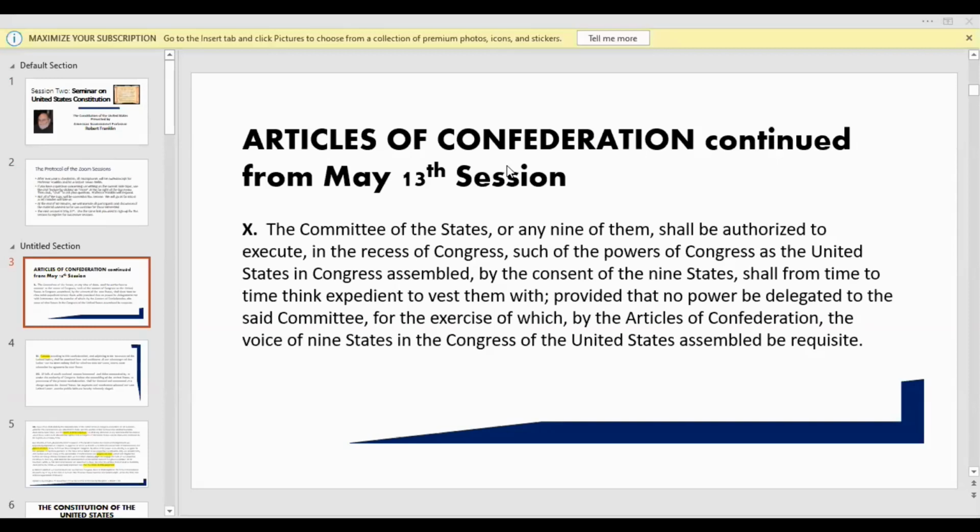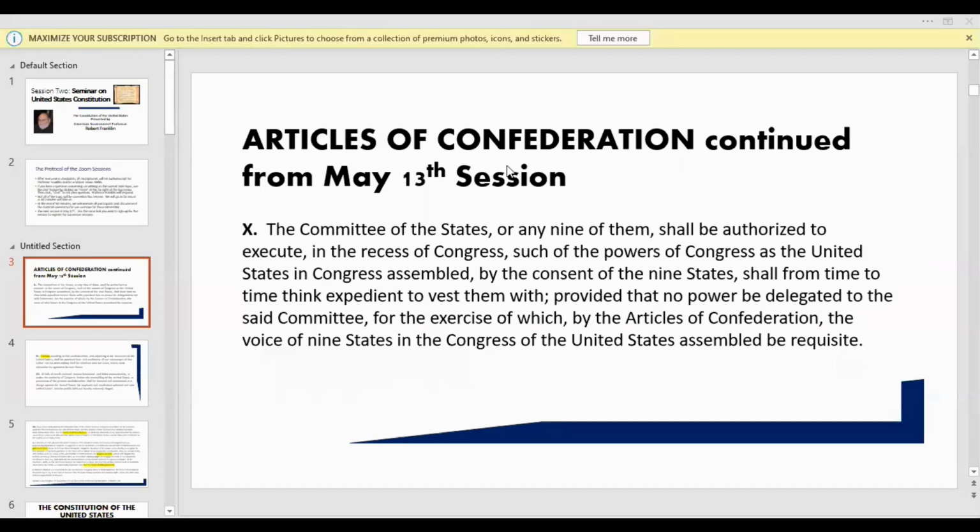It had a number of flaws, which we'll discuss in just a couple of minutes when we get to the end of this. So let's just dive into Article 10, which essentially says that Congress shall be run by the decision of any 9 of the 13 members. And remember, every state gets just one vote.